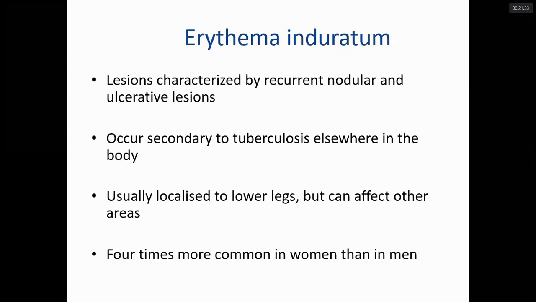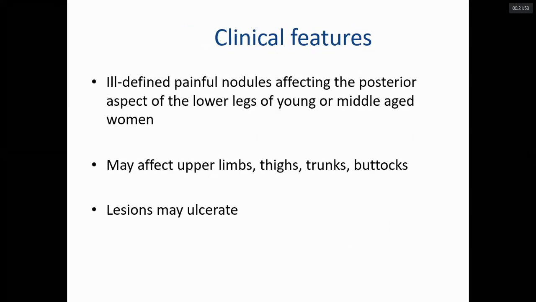And the third one is erythema induratum, in which the lesions are characterized by recurrent nodular and ulcerative lesions. It occurs secondary to tuberculosis elsewhere in the body. Usually it is localized to the lower legs, but can affect other areas also. It is more common in women than in men.